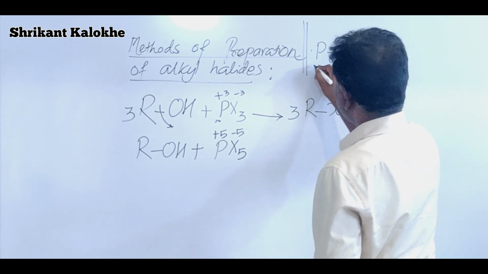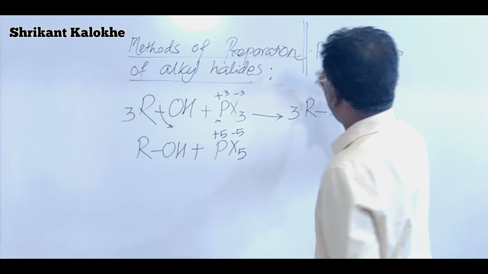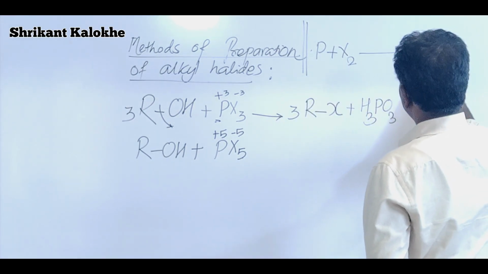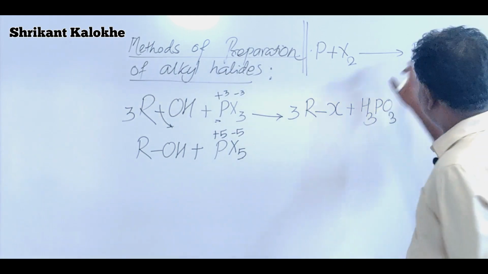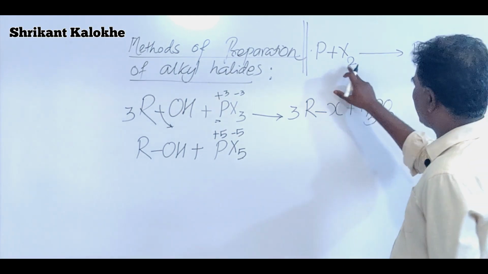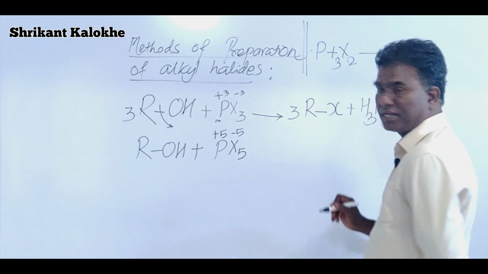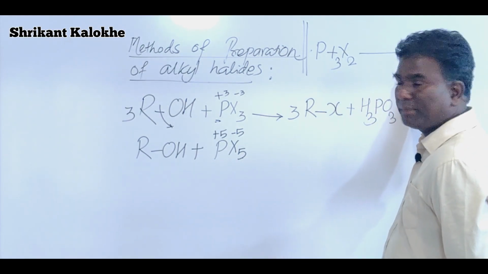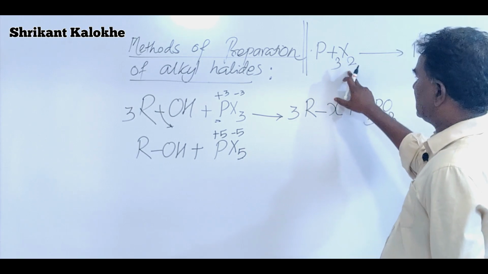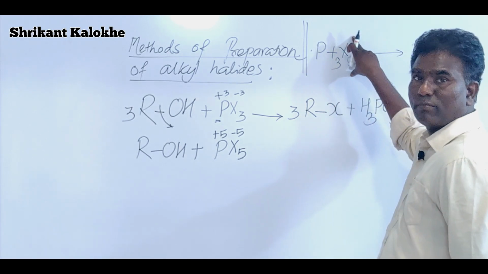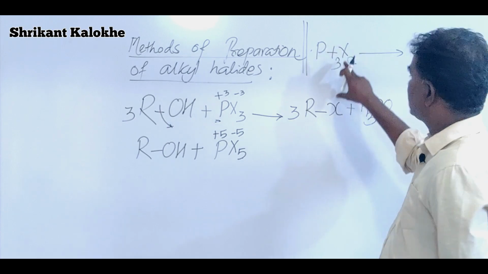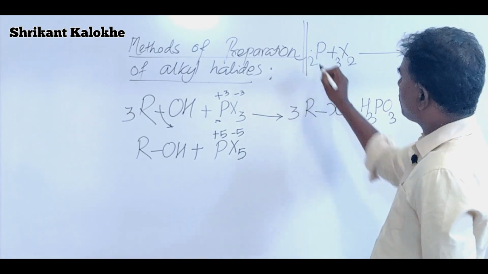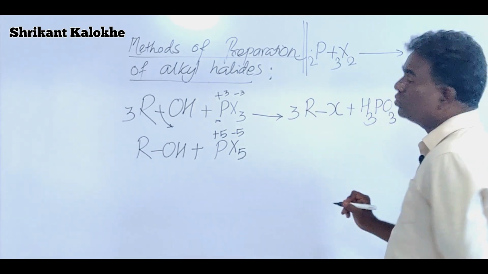If red phosphorus is treated with any halogen molecule, and if it is giving a molecule of PX3, then we have to balance this reaction by taking coefficient 3 here, because 3 atoms could not be obtained from halogens whose molecule is X2. Therefore we take 6 halogen atoms and treat them with 2 phosphorus.